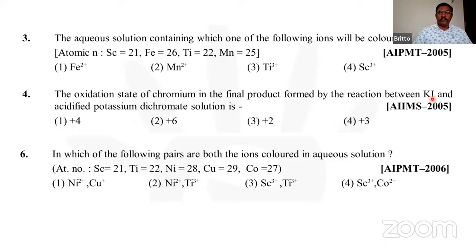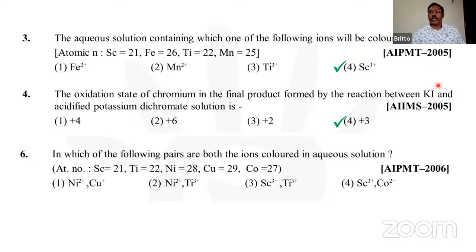So not only I minus: potassium dichromate in any oxidizing reaction is an oxidizing agent. Whichever oxidizing agent behaves, it is the same thing only. Potassium dichromate will be reduced, chromium 6 will be reduced to chromium plus 3. So the fourth option is the correct one, plus 3.